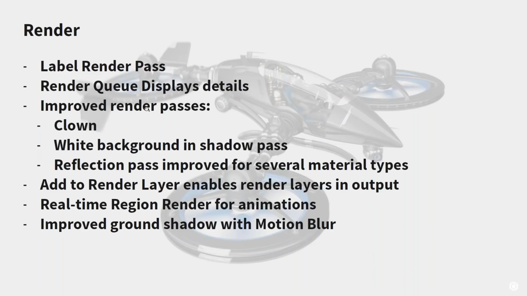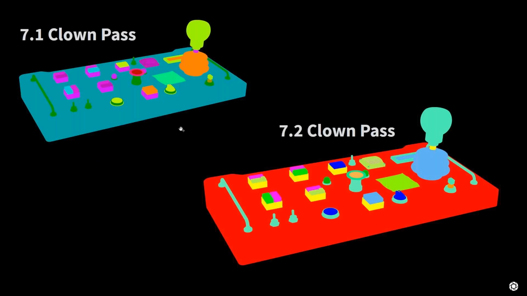As mentioned, some of our render passes have been improved, and there's a lot of little tweaks that I don't have quite the amount of time to go over during this presentation, but Clown Pass is one I want to call out. So if I move down here, I just want to show a side-by-side. 7.1 versus 7.2, you can see different colors, but the key thing here is that KeyShot's doing some interesting things behind the scenes to more intelligently assign colors to different materials.